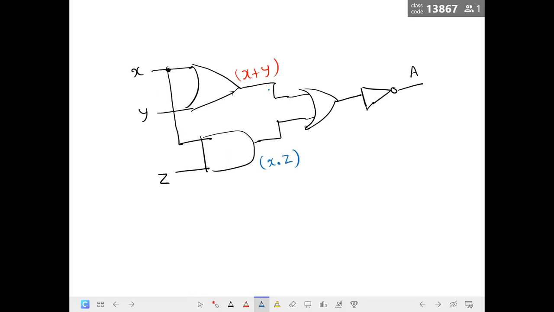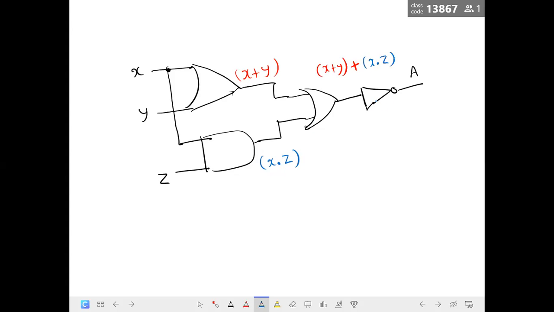We use brackets because we are going to use these outputs as the input of this logic gate. Then this is an OR gate, right? So now we have to write, this is one input, X or Y, or, because this is an OR gate, and the other input for this OR gate is this one, X and Z, right?